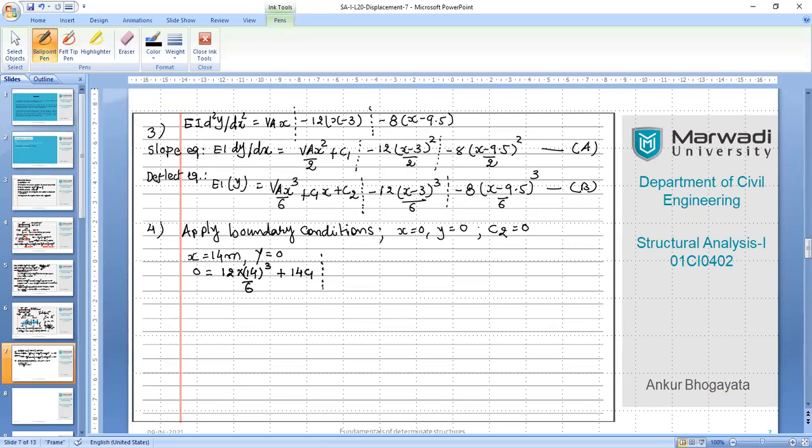Then we use this segment: minus 12 (14 minus 3) cubed over 6, then minus 8 (14 minus 9.5) cubed over 6.